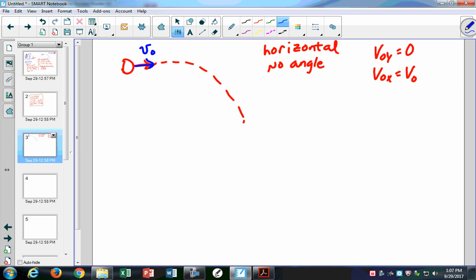Okay? Usually on these, I would give you the y height. I would say this is, say, 2 meters. And I would ask you for something like, what is x? So just like you did before, you have to find the time first. To find the time, you imagine, if I pick up something from 2 meters and drop it, how long does it take to fall?